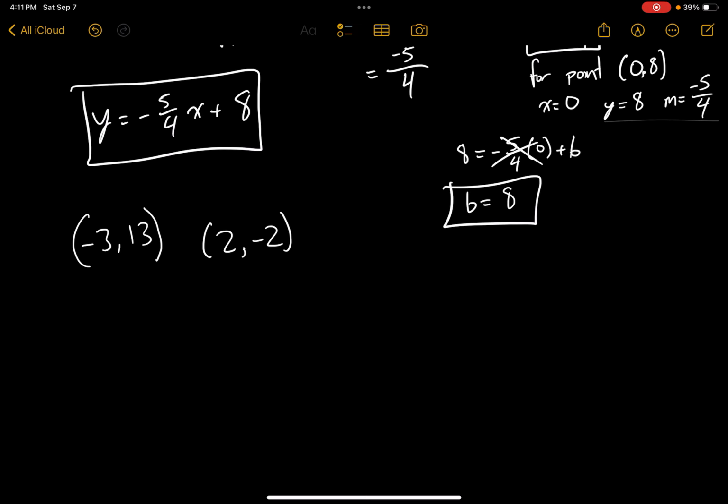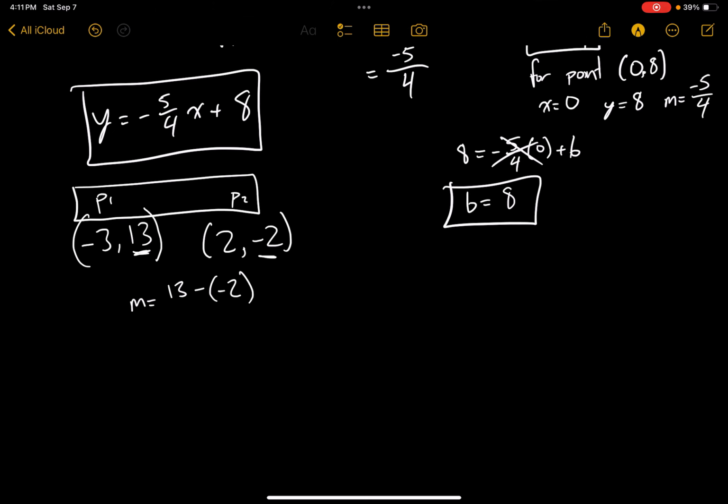Okay, so we have m equals rise over run. I'm going to say 13 minus 2. Now, it doesn't matter. This could be point 1 or point 2. It's very random or arbitrary. This could have easily been P2 and P1, which would make it x2 and y2, and x1 and y1. It doesn't matter what you do first, just as long as you're consistent.